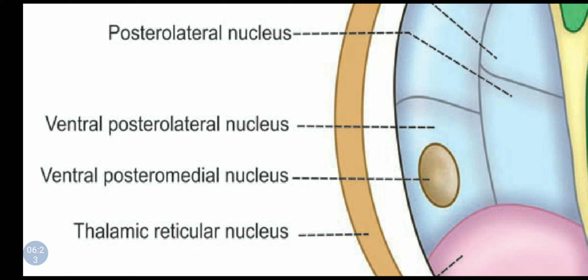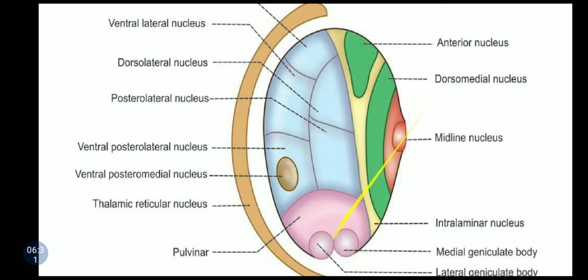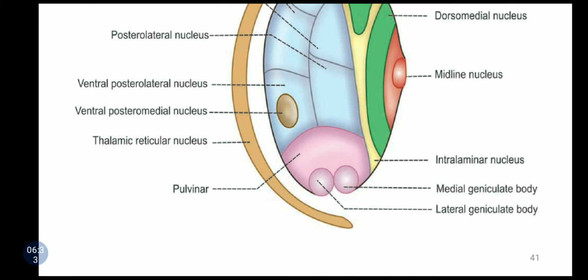Then the fifth group of nuclei is the posterior group of nuclei, which is again classified into two: the pulvinar and the metathalamus. Here you can see the pink colored one is the pulvinar. Below this you can see the two structures of the metathalamus: the medial geniculate body and the lateral geniculate body.